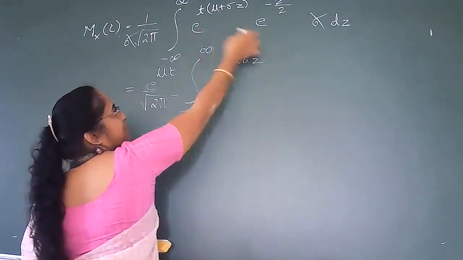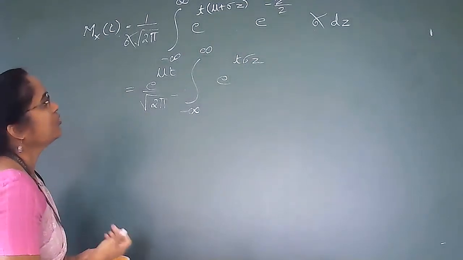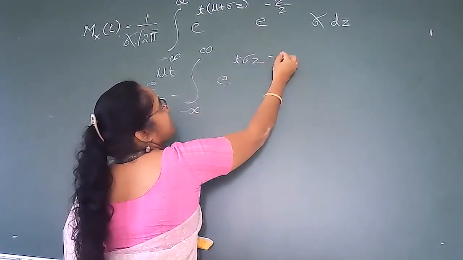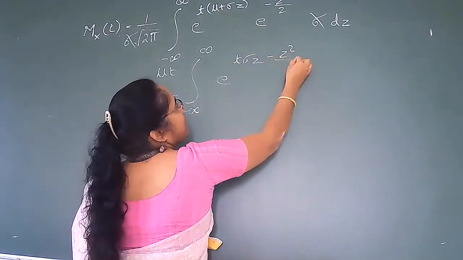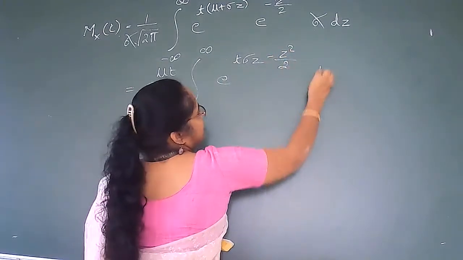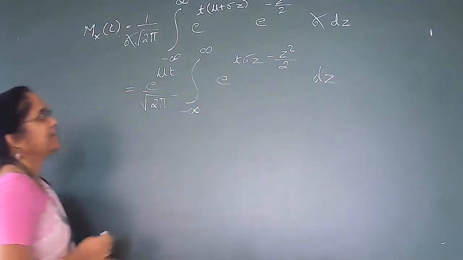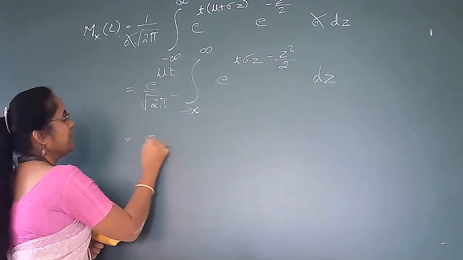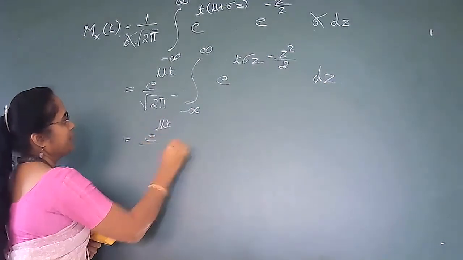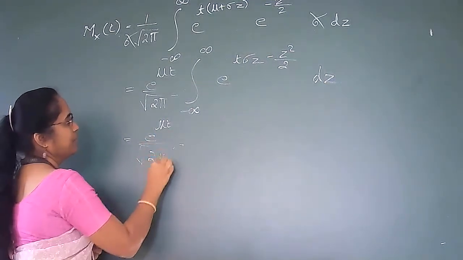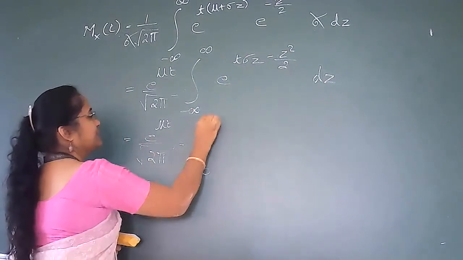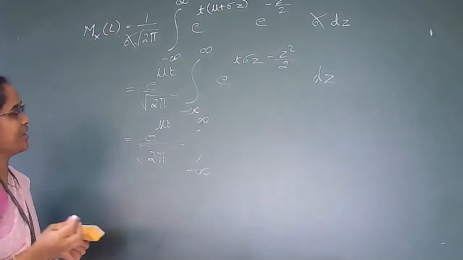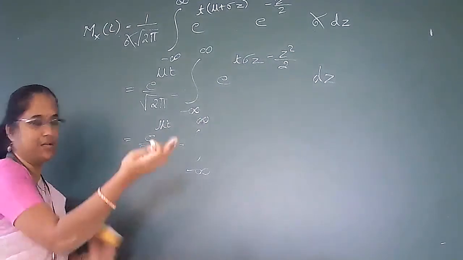The base is the same, the base is e, so the powers can get added. That's a minus sign, so it's going to be minus z squared by 2 dz. And this can be further simplified. I can write this as e raised to mu t upon square root of 2 pi. We know that whenever in statistics we are dealing with e raised to something, we would always try to have e raised to minus terms.